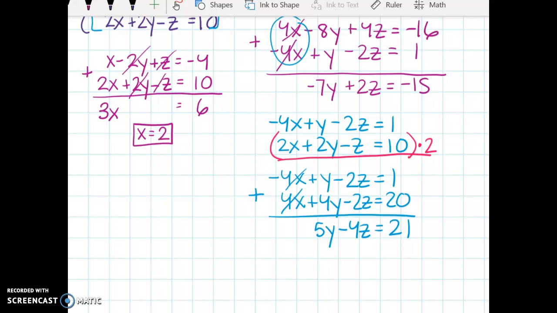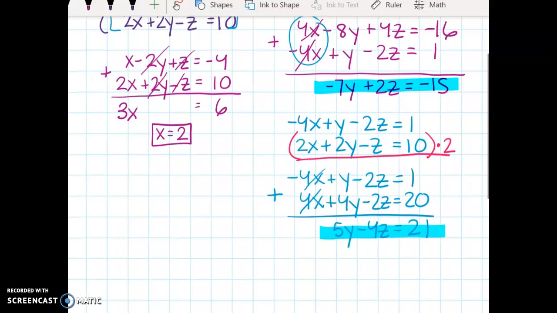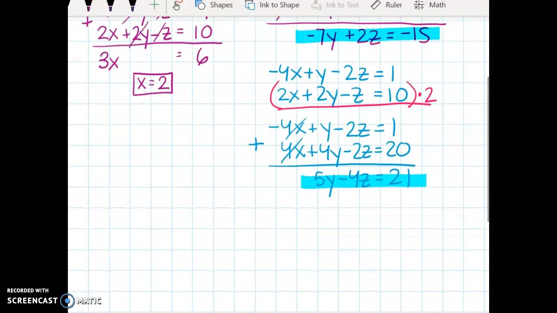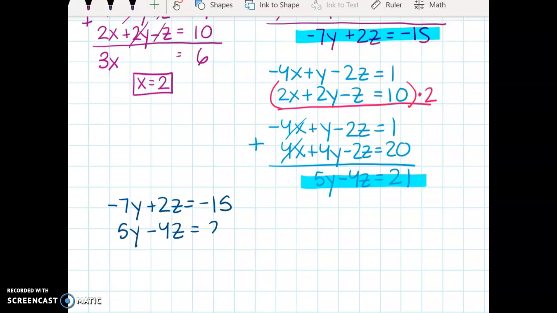Now what we have is two equations with y and z, and here's where we're back to our steps. Now we can use number 3 and solve for a variable using those two equations. So -7y plus 2z equals -15, and 5y minus 4z equals 21.